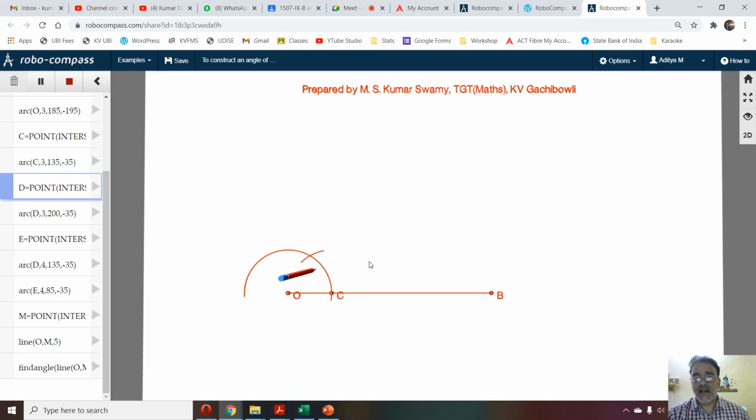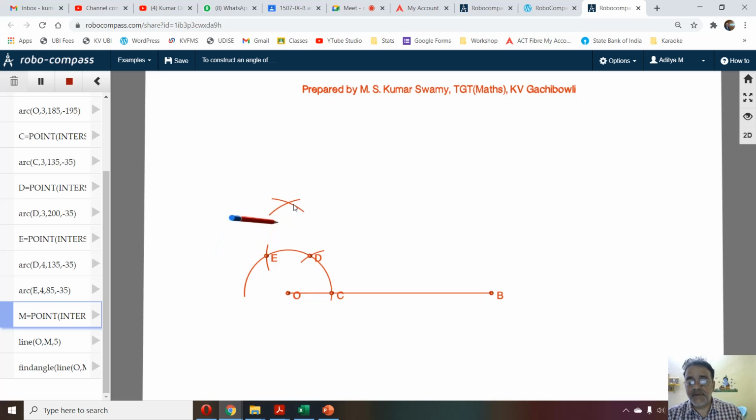So this is 60 degree. Again with center D we will draw the arc of same radius which will intersect the first arc, the semicircular arc, at point E. So we'll get 120. So between 120 and 60 हम लोग को bisector draw करना है. So that will be 90 degree. Okay, D से एक arc draw किए, E से एक arc draw किए of same radius.